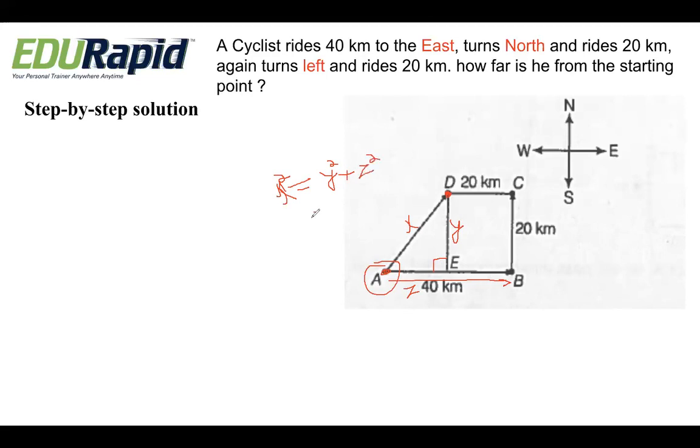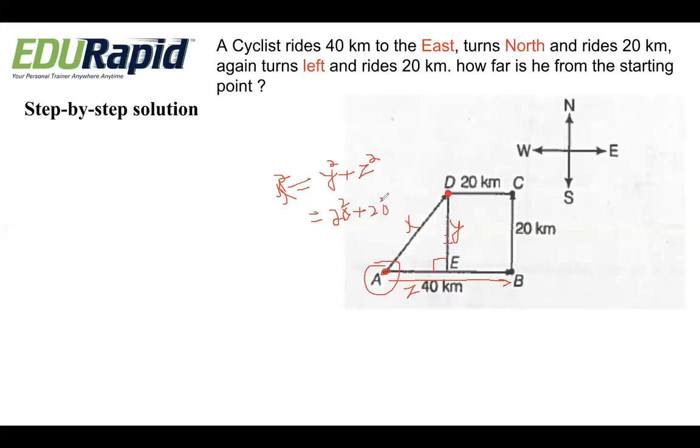So what is y? When you draw, this is 20 kilometers, this will also be 20 kilometers, right? So this will be 20 square plus z square. If you draw a straight line, this will be 20 kilometers and this will be 20 kilometers because this plus this is 40 kilometers. So this will be 20 square.